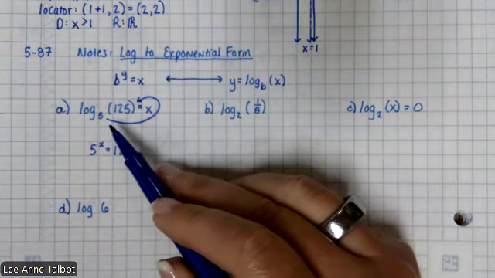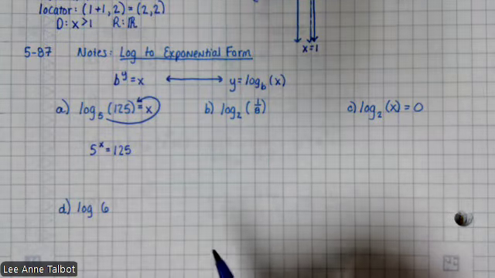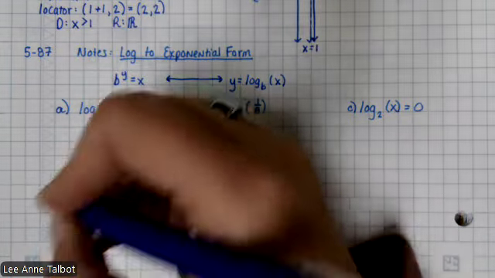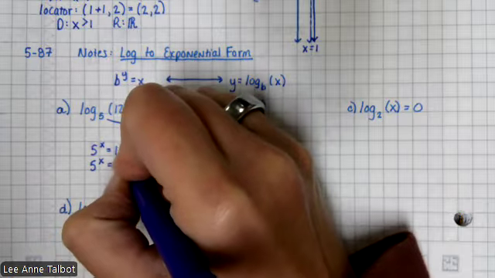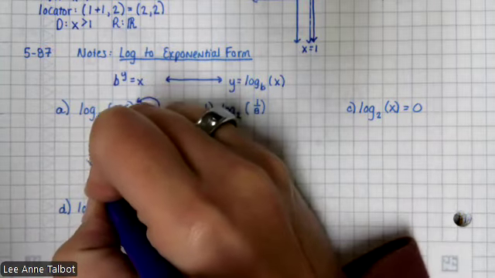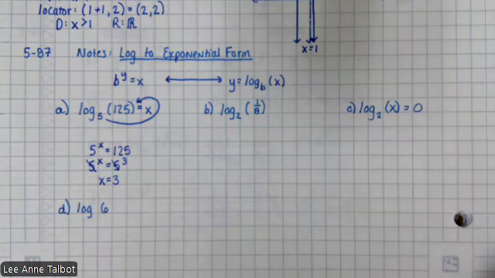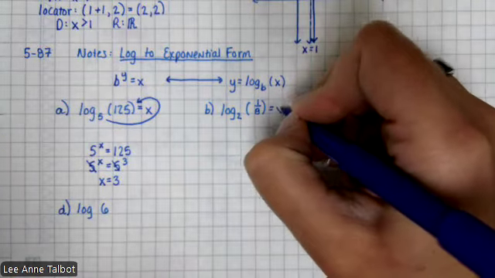So follow it around. 5 to the x equals 125. Okay, 125 is 5 to the third. Equals x.